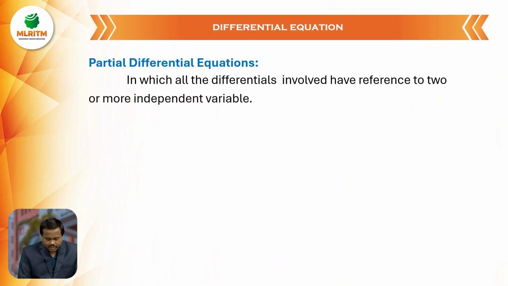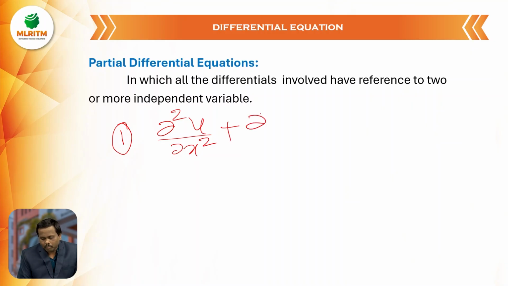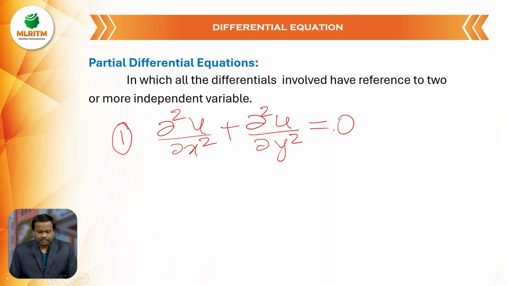For example, ∂²u/∂x² + ∂²u/∂y² = 0. Here u is the dependent variable, whereas x and y are independent variables.